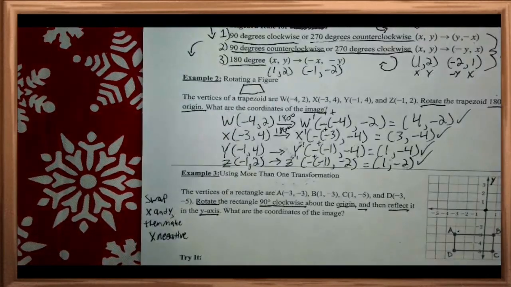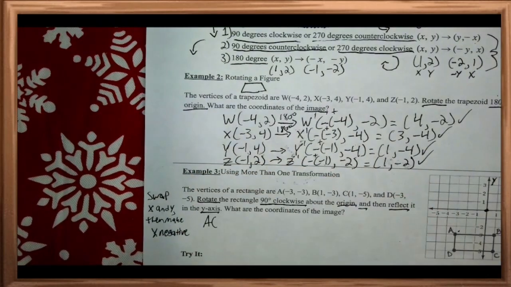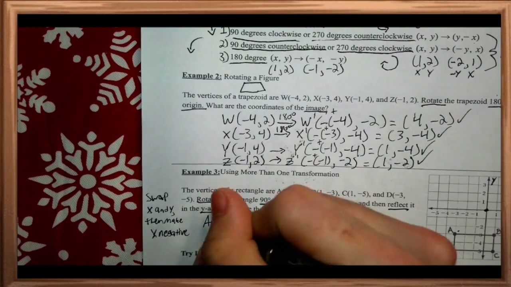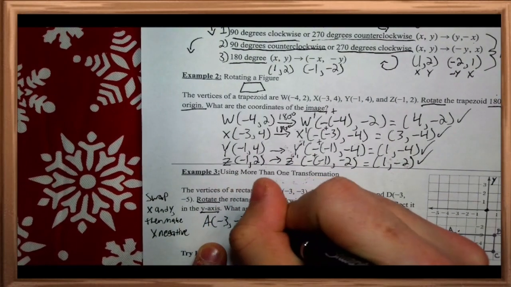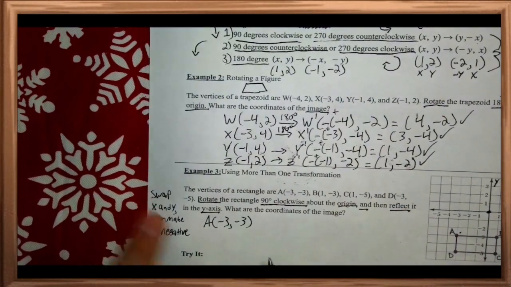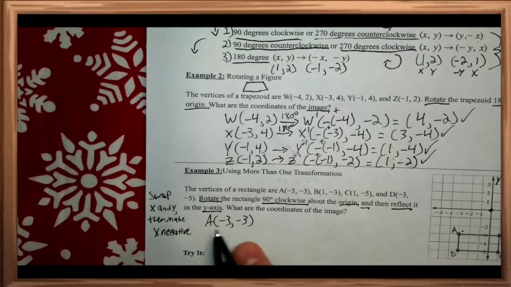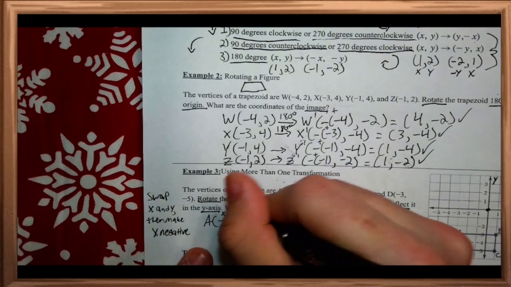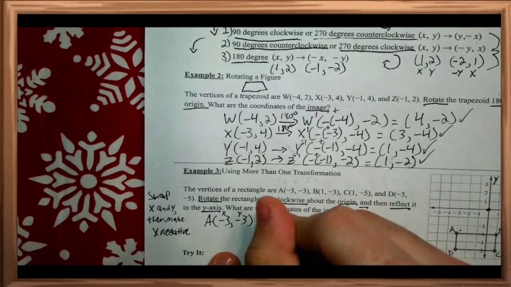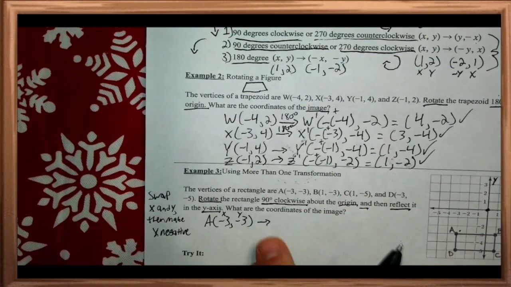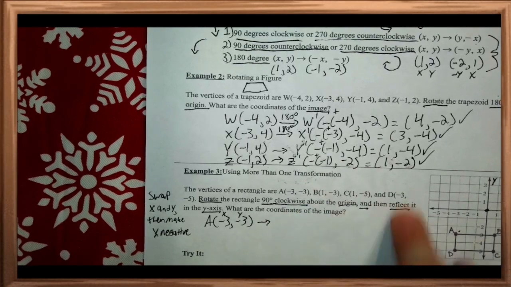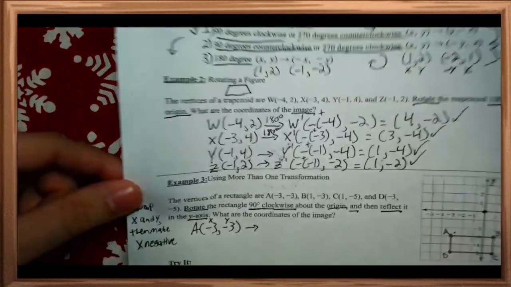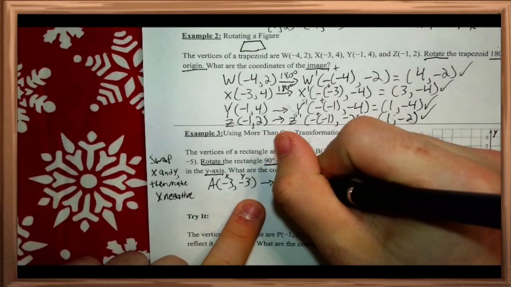So, let's start with A. A is negative 3, negative 3. We're going to swap x and y. Well, thankfully it's the same number, so that's helpful. Then make x negative, right? There's x and there's y. So when we do the rotation, 90 degrees clockwise, right, going around to the right side like Uno, we're going to swap x and y.